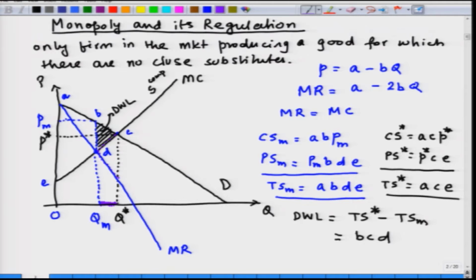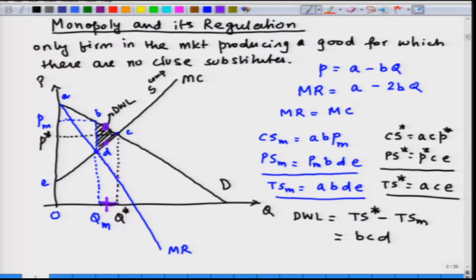However, for every one of those units, notice that the willingness to pay of the consumer, which is some point on this stretch BC for some particular unit. So, if I take this unit, the willingness to pay would be somewhere here, that would be greater than the marginal cost of producing those units. So, society would have benefited had that unit been traded.